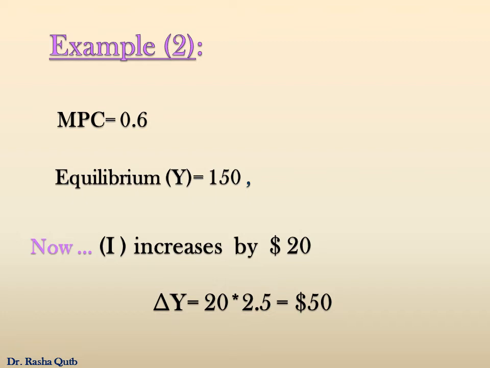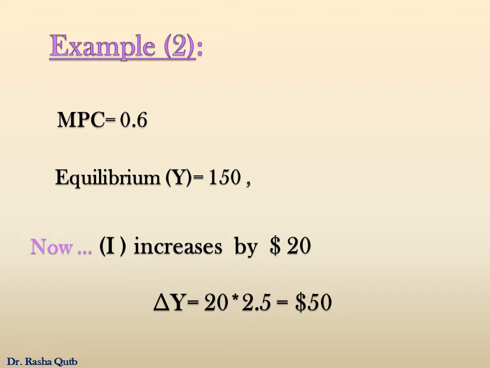Let's take another example. We are given MPC equals 0.6, the equilibrium national income equals 150, and he gives me a new information that investment spending increases by $20. What is the new value of equilibrium national income?